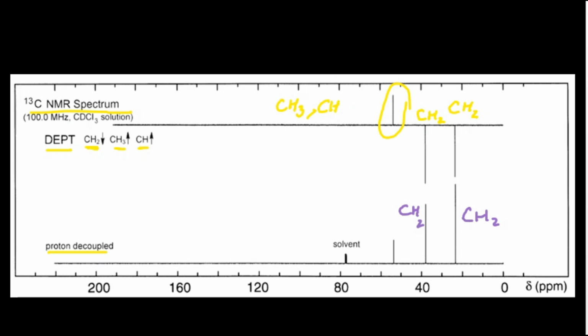But this one is in the upward direction in the DEPT, and here another line is also present in the proton decoupled spectrum. So it means that here no quaternary carbon is present. Quaternary carbon means a carbon that is not directly attached to hydrogen, and it is absent. Okay. So now it may be a CH or CH3 group.